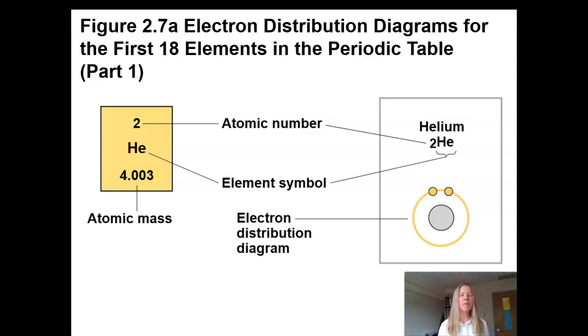And so the atomic mass is truly an average of all the isotopes of, in this case, helium. So we can tell that there are a very small portion of helium atoms that may actually have an extra neutron. And that's why the atomic mass is often not just an even number. We won't work a whole lot in isotopes.